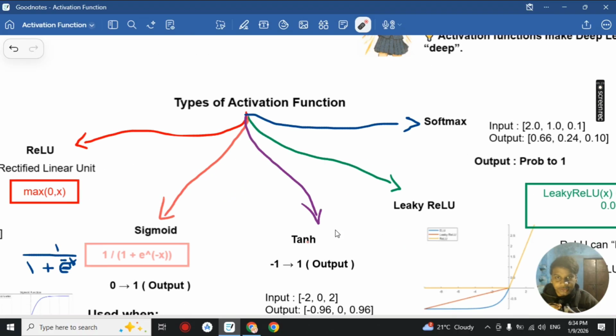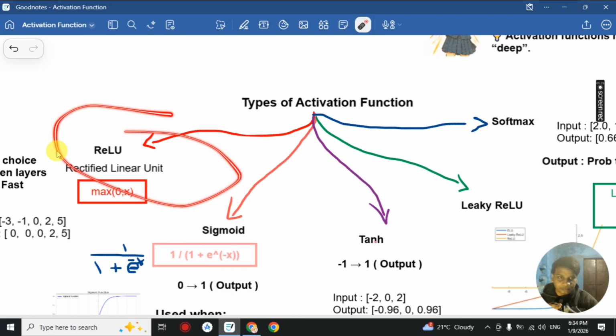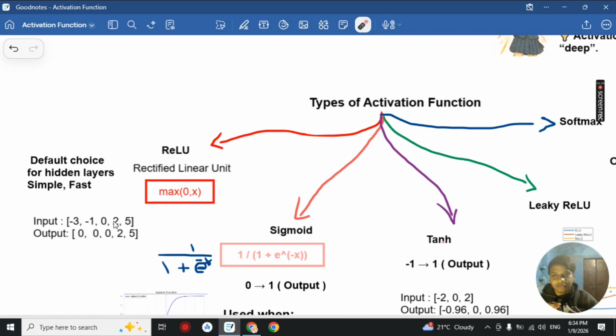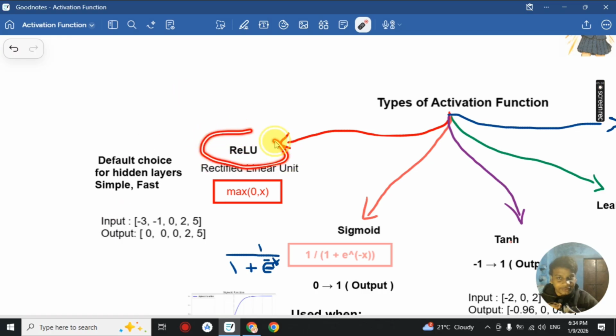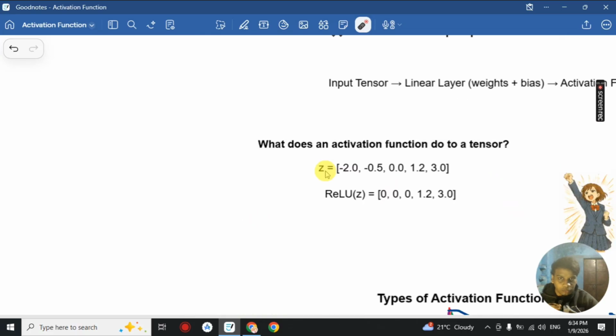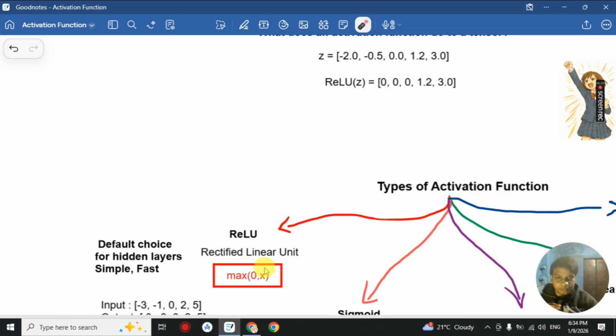We have 5 types of popular activation functions. First is the ReLU. Its mathematical significance is that it takes the max of 0 and x. It ignores all the negative values, and if there is a negative value, it always gives the output as 0, just like here we get 0, 0, and for a positive value it directly prints that value.